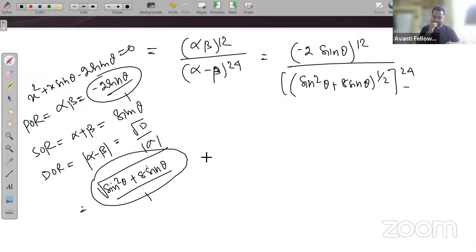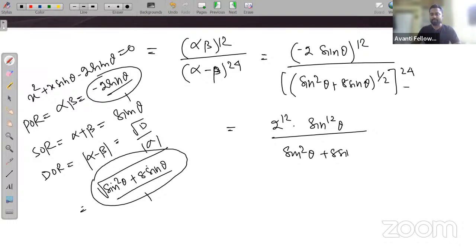So this becomes 2 to the power 12 into sine to the power 12 theta, upon sine square theta plus 8 sine theta to the power 12. So this is your answer now.